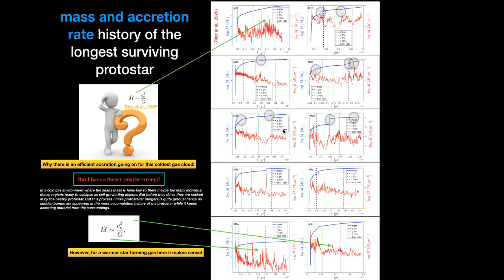But there are cases in which there is hardly any bumps available. For instance, over here, there's hardly any bumps available, but still you have a very high mass accretion rate going on. This we expect because of the higher thermal environment available for the mass accretion. If you consider the mass accretion process, it is dependent on the thermal state of the environment.